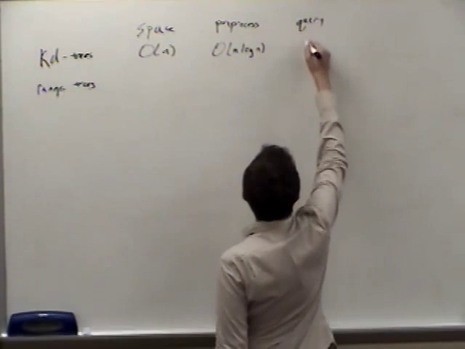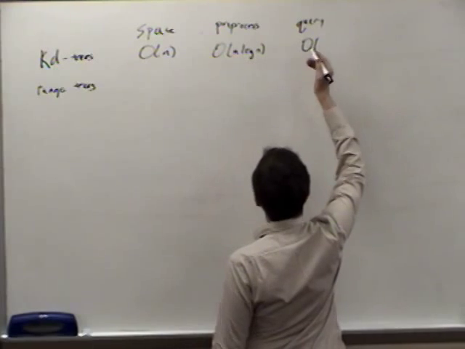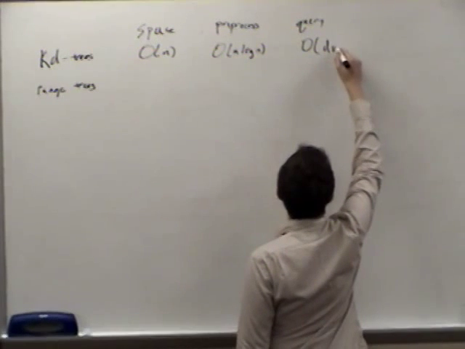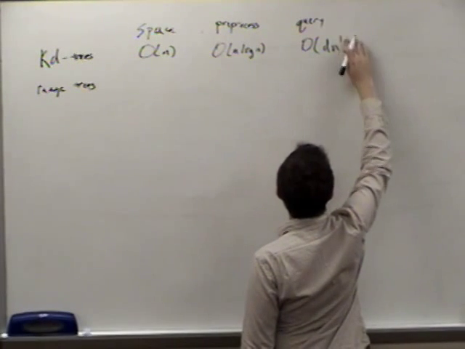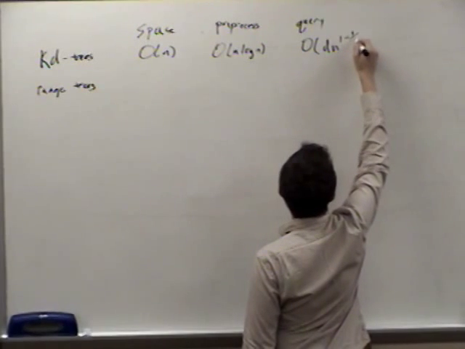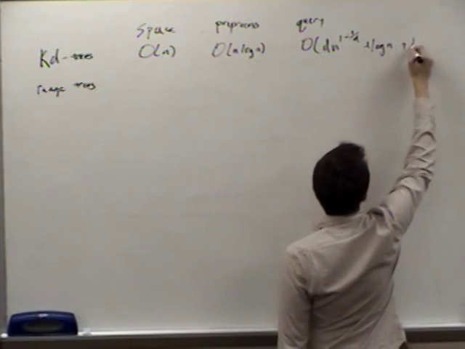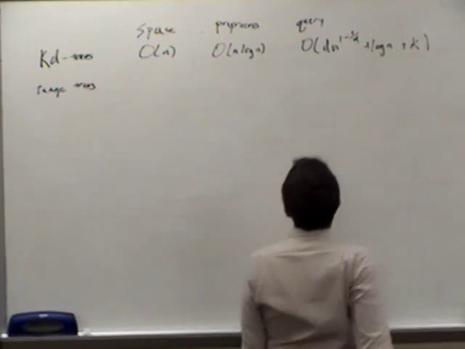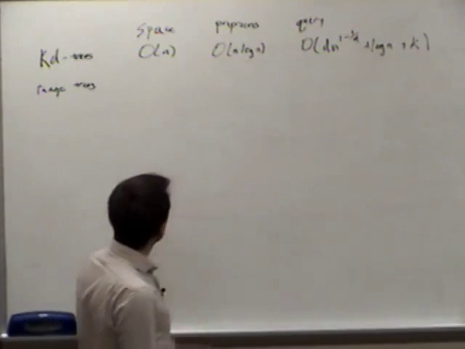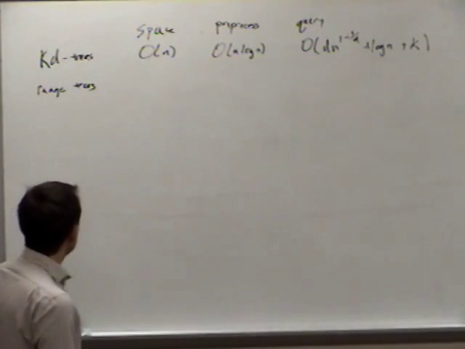And then the query time is a little bit better than linear, but not huge amounts. So it's n to the 1 minus 1 over d plus log n plus k. All right, so that's the first data structure we had.